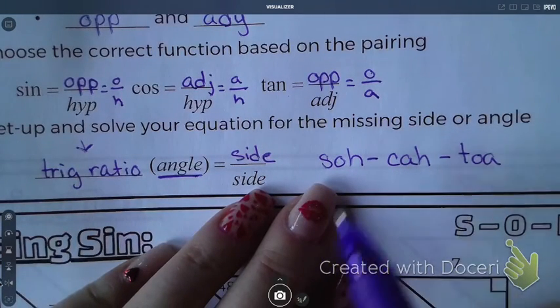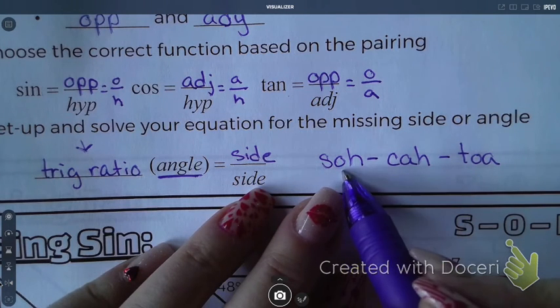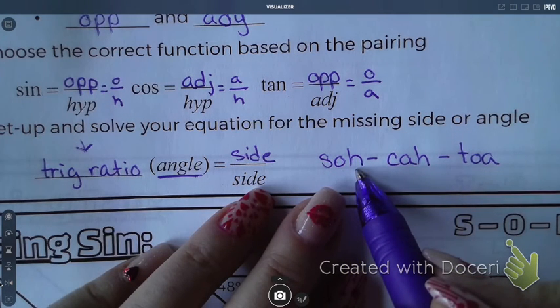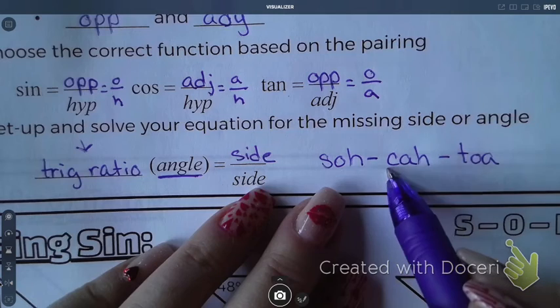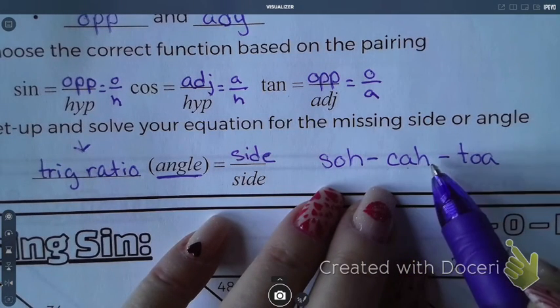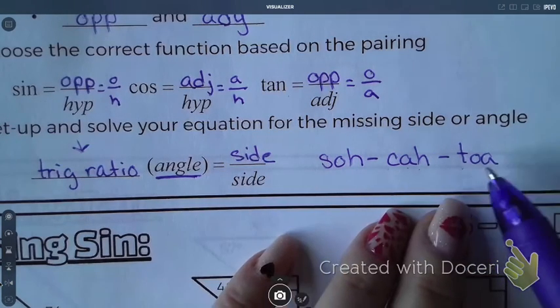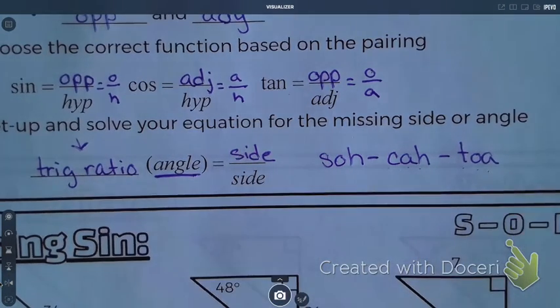Not hard. Takes you about 3 seconds to write down. S stands for guess what? Sine. Sine is opposite over hypotenuse. C is cosine, adjacent over hypotenuse. And T is tangent, opposite over adjacent.